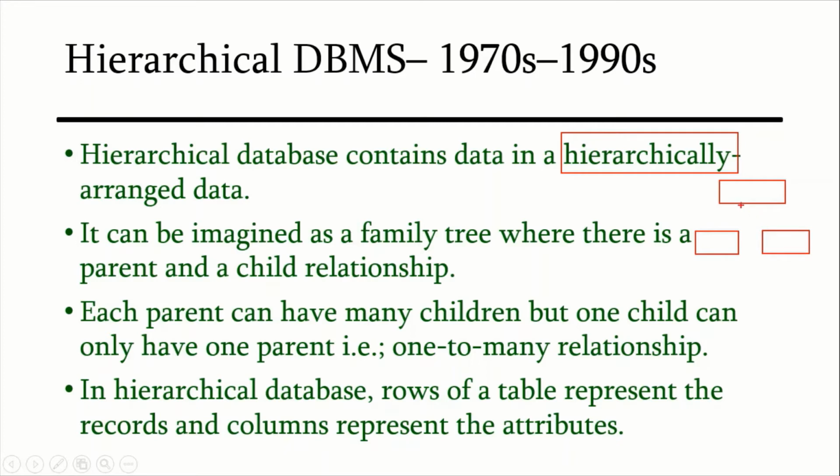It is called a hierarchy. Now hierarchical databases will be like this. It can be imagined as a family tree where there is a parent and child relationship. So one parent and two children, one parent, two children.